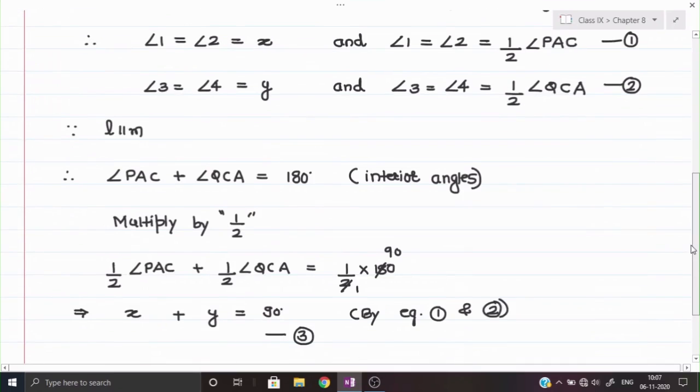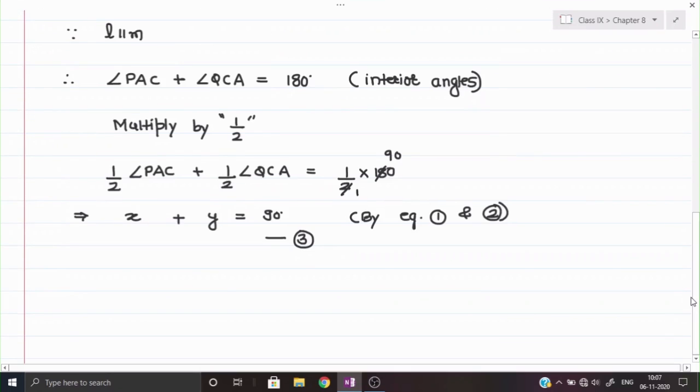So now we shall write down further, in triangle ABC, angle 2 plus angle 4 plus angle B, and in short I am writing as angle B only, is equal to 180 degree. Angle sum property of triangle. The reason we have given here is angle sum property.